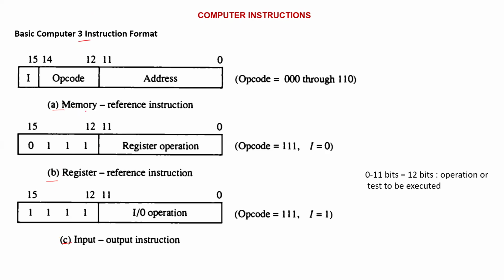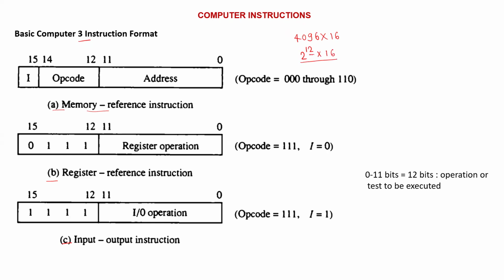Since it is the memory reference instruction, this instruction is going to help us communicate with the memory. We have considered here a basic computer with a memory size of 4096 x 16. So it has 2 to the power 12 locations with each word capacity of 16 bits.